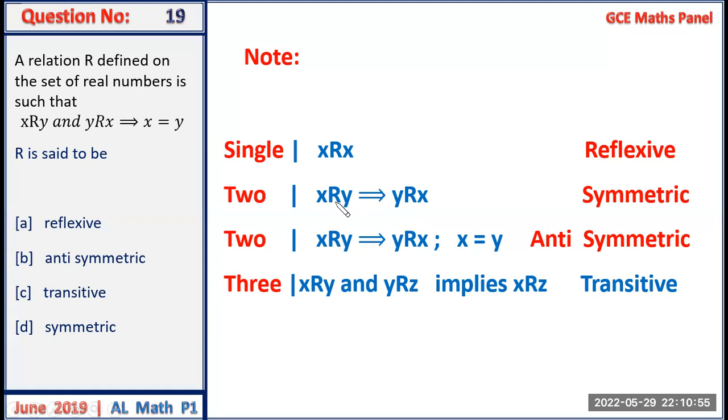In the first one, if x relates to y implies y relates to x, then we say it's symmetric. But if x relates to y and y relates to x means x is equal to y, when this condition holds, we talk about anti-symmetry.